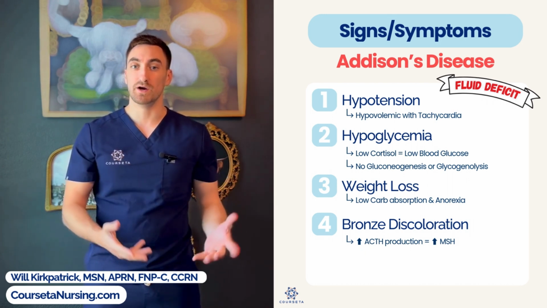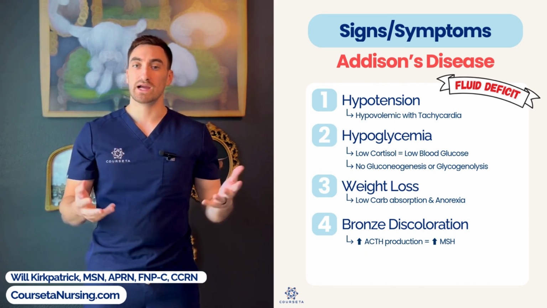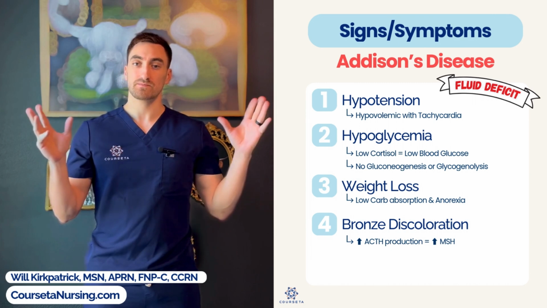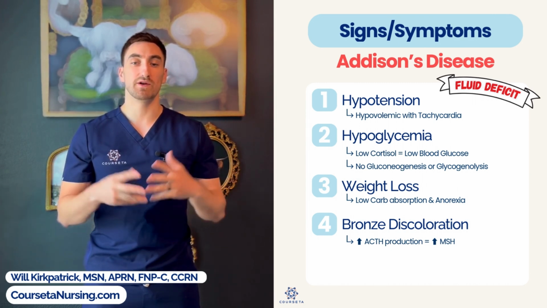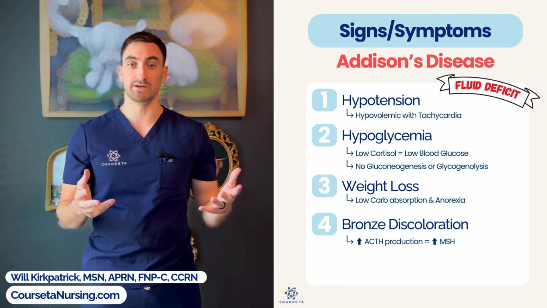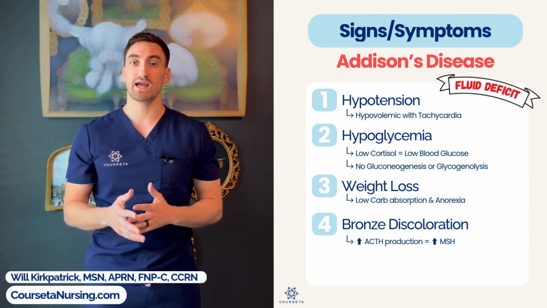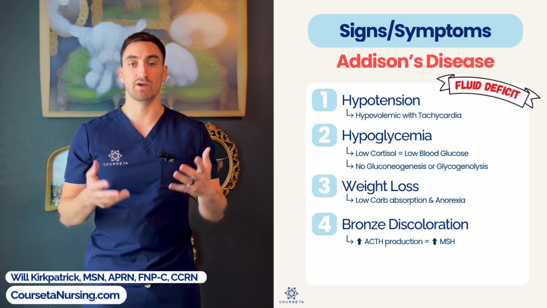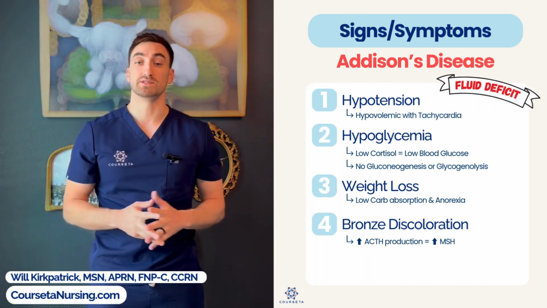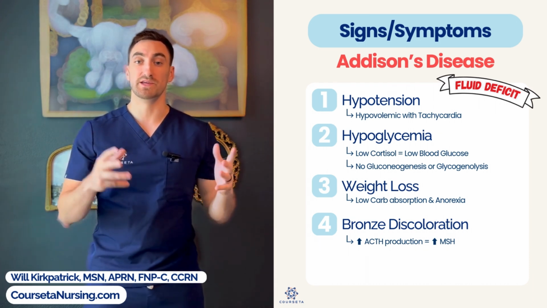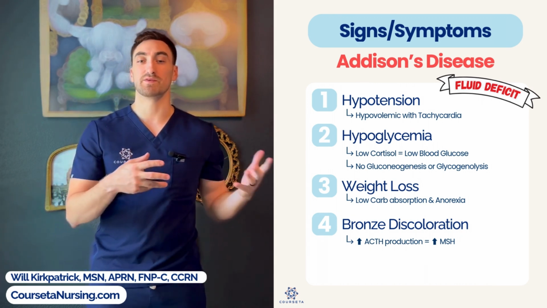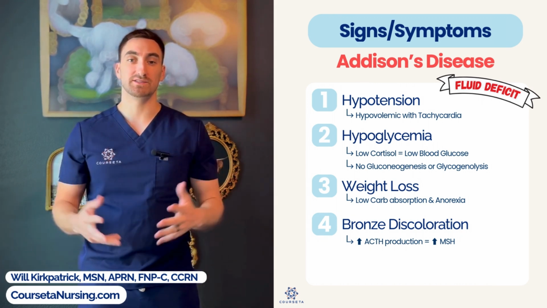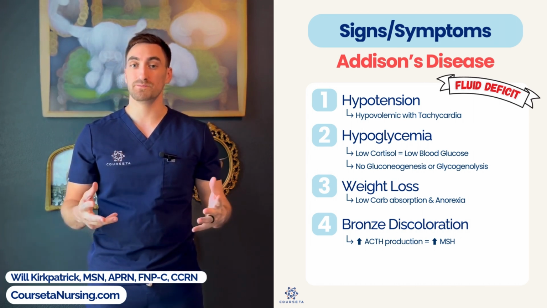Secondly, we have hypoglycemia. Why hypoglycemia? Well, if we remember, cortisol has all sorts of functions, but one of the big functions is glucose balance. Without cortisol, we're going to have an imbalance of glucose control in our vascular space. To be very specific, cortisol helps with gluconeogenesis, which is the new production of glucose coming from the liver, so that way we can balance the glucose in our vascular space if it's low.